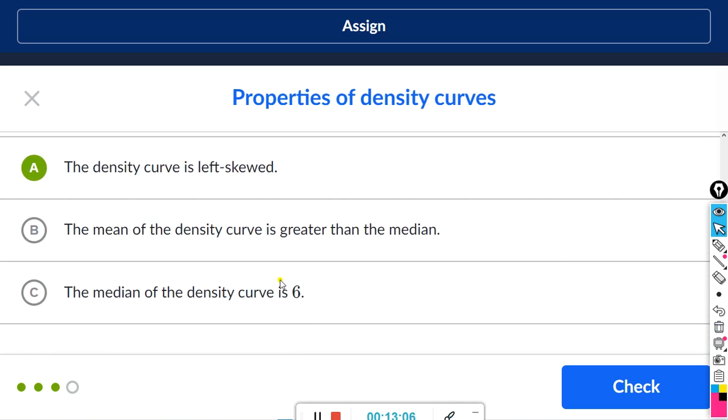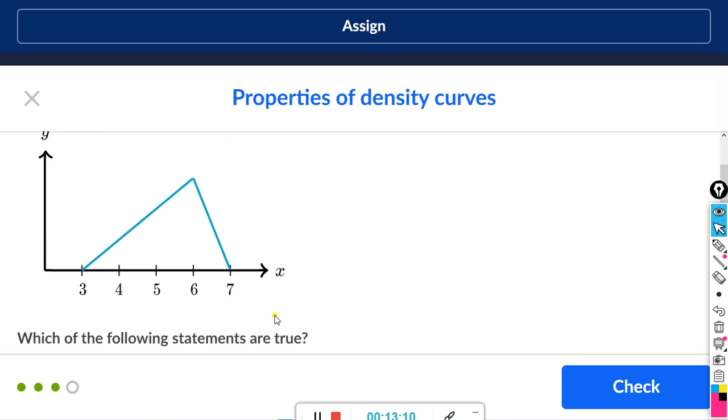Answer C, the median of the density curve is 6. Let's take a look. In order for 6 to be the median, remember that the median is the halfway point.